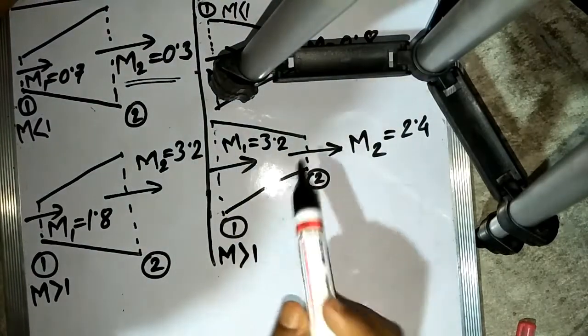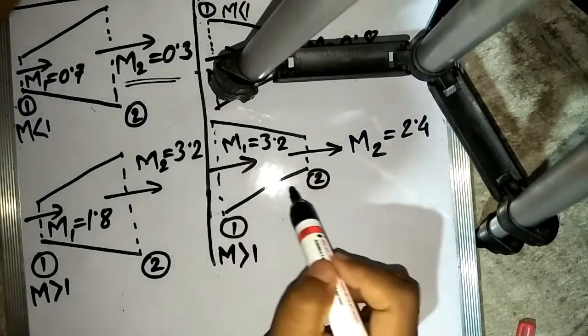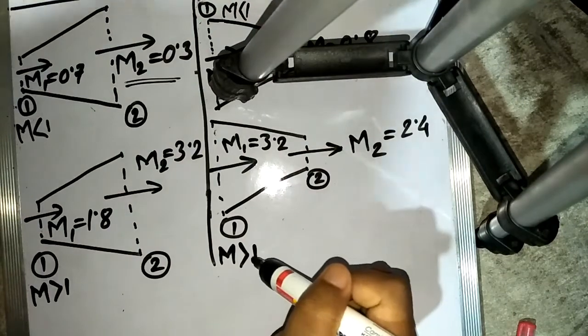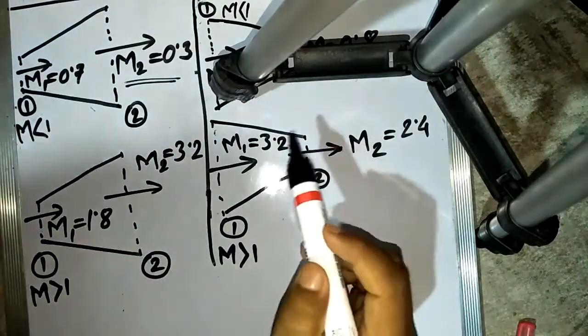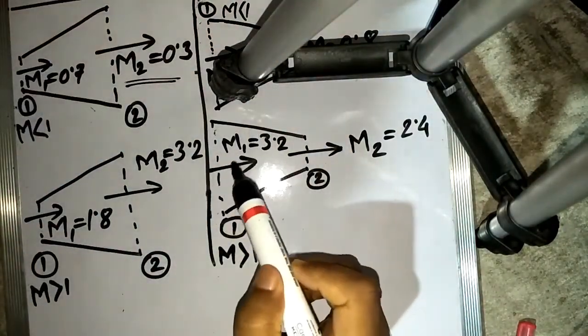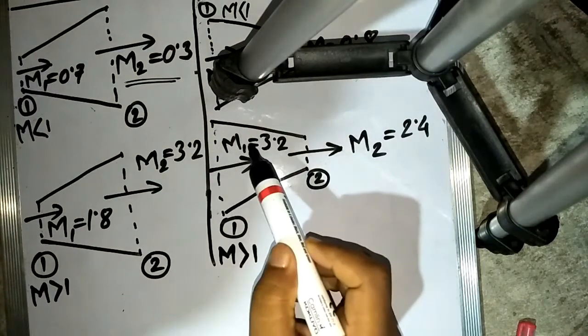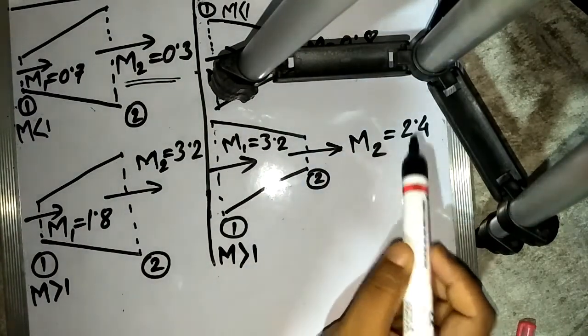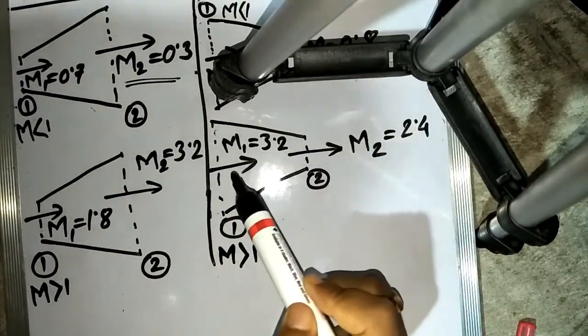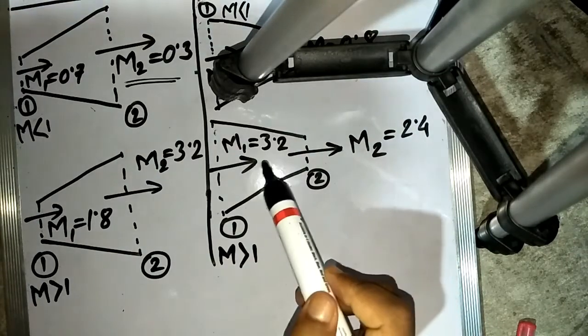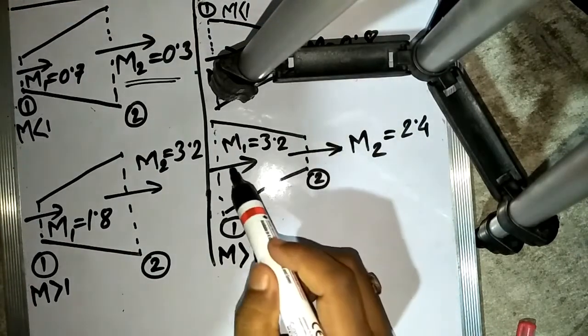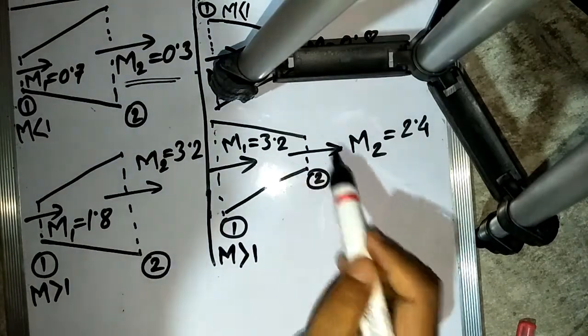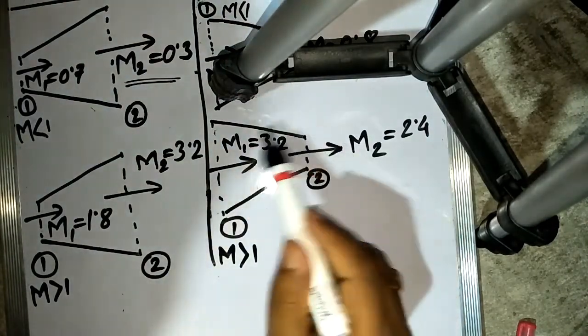This is the convergent type duct, where the inlet Mach number is greater than 1, and the outlet Mach number is decreased. So in case of a convergent duct, when the inlet Mach number is greater than 1, it will act as a diffuser.